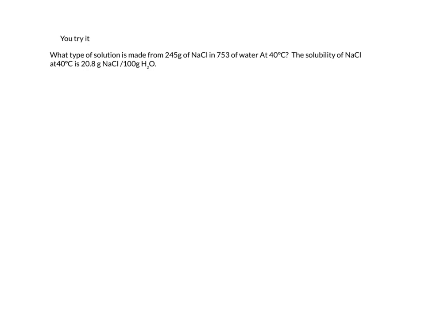Okay, so now it's time for you to try one. Where do you start these types of problems? You start by figuring out what you already know. So we know that we have 245 grams of solute and 753 grams of solvent.